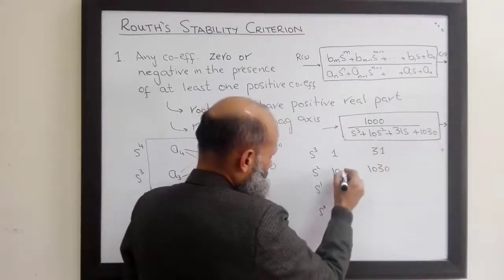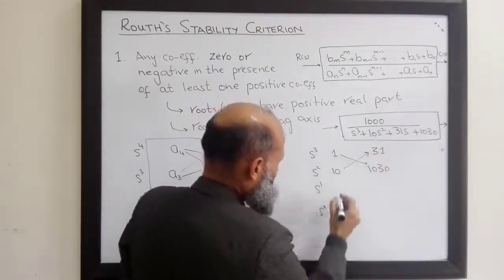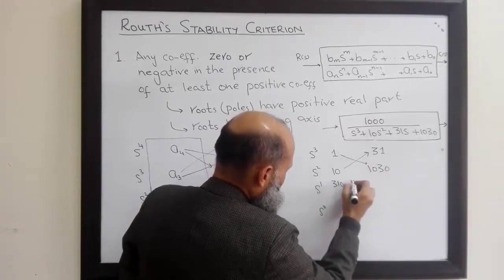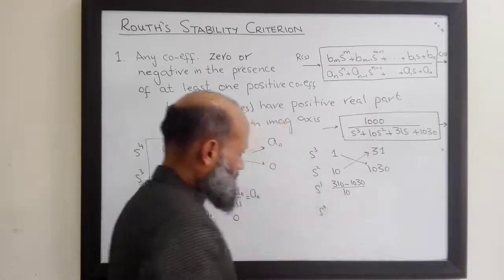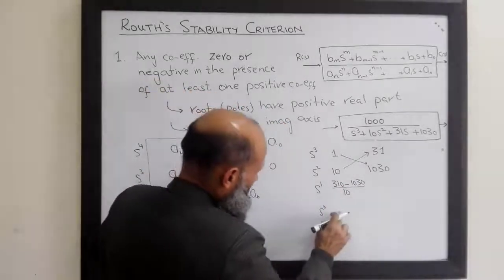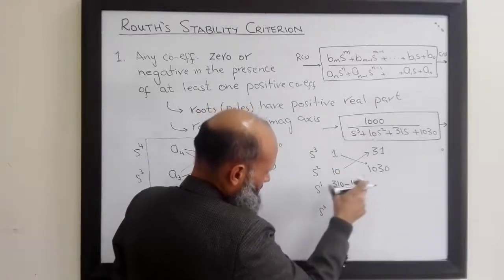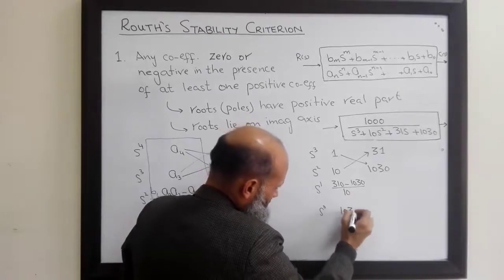This coefficient is obtained by multiplying this with this one minus this with this one, so 310 minus 130 divided by 10. And here is this multiplied by this minus 10 multiplied by 0 whole divided by this one, that is equal to 130.